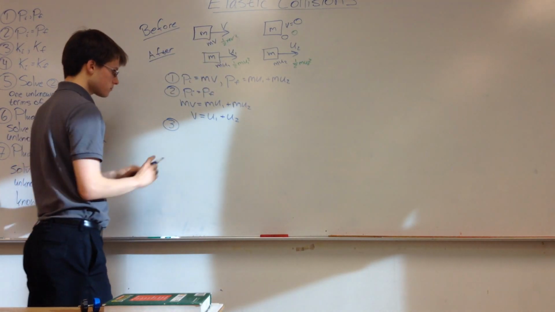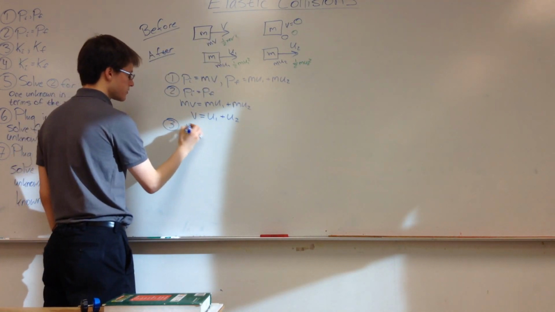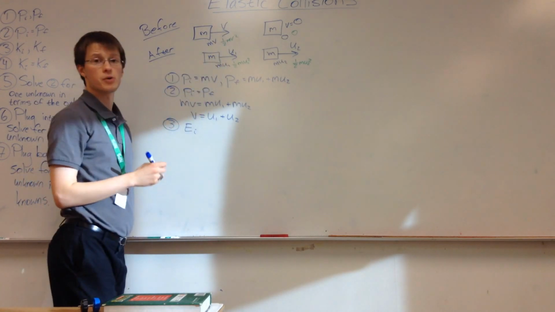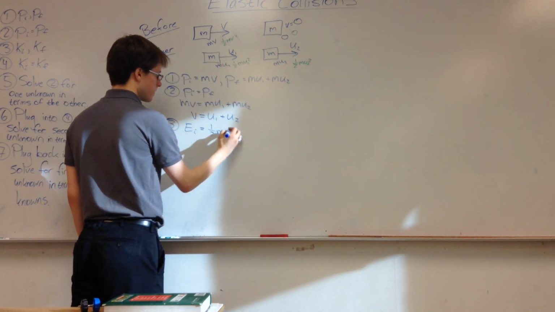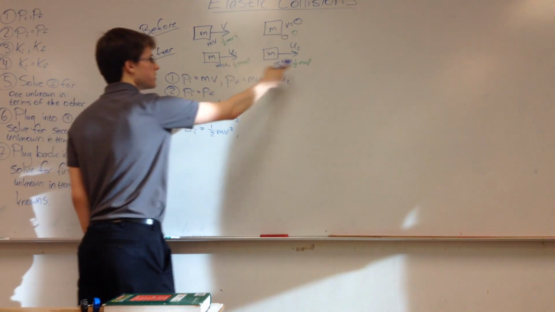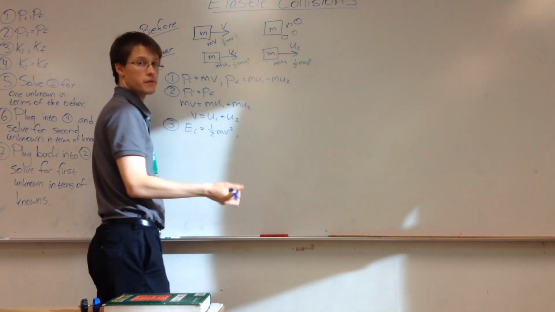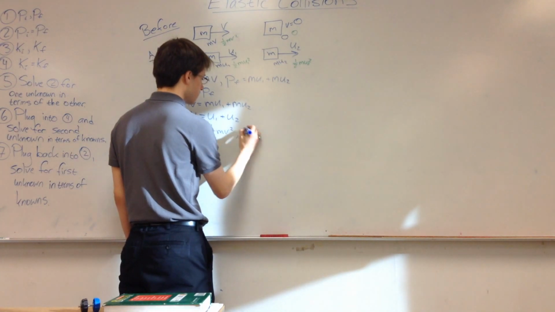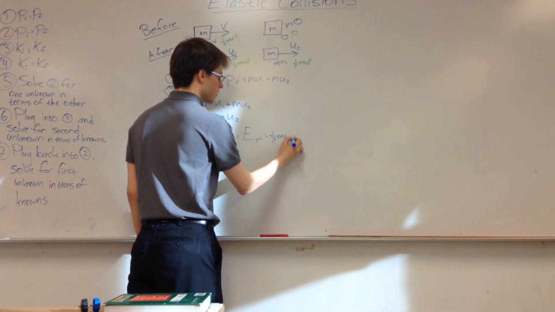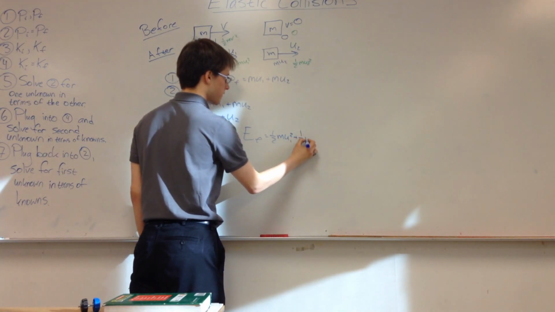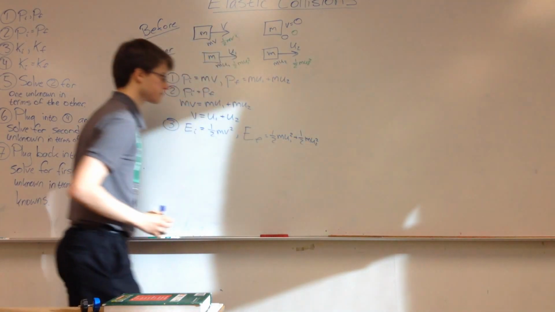So our initial energy will be the sum of the energies of both blocks to start with, which is just 1/2 mv squared. And the final energy will be the sum of the energies of both, so the final kinetic energy is equal to 1/2 mu1 squared plus 1/2 mu2 squared.